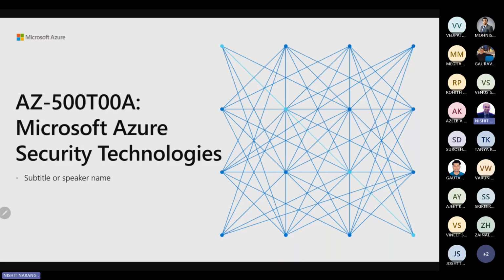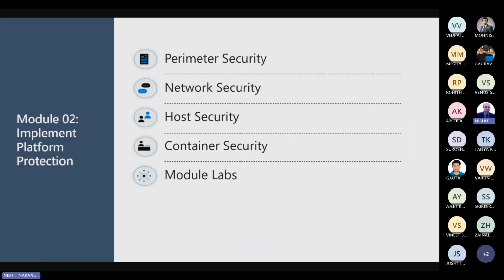So for every topic, they've created a module. IAM is module 1. This is actually module 2, where they talk about perimeter security, network security, as well as some topics we are not too interested in, host security and container security. So we are just interested from a networking standpoint, perimeter and network security.